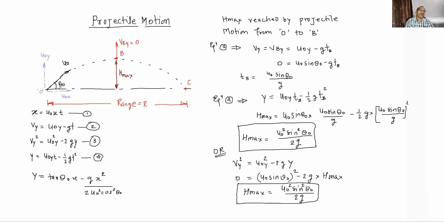If we start from O, then from O up to B you are getting H maximum. That means from O to B, y is increasing. From B to C, y decreases, that means at C y becomes 0.